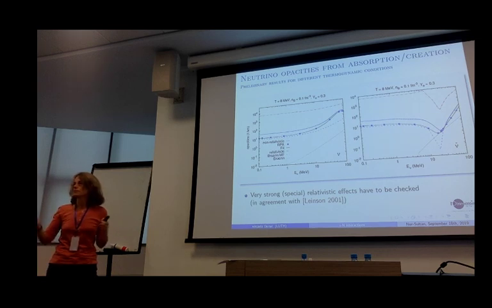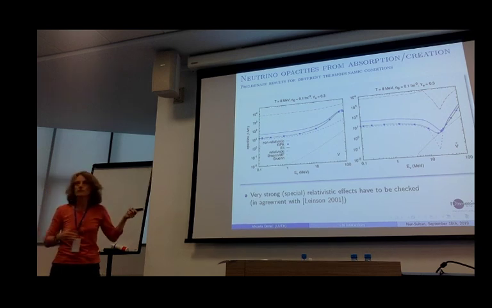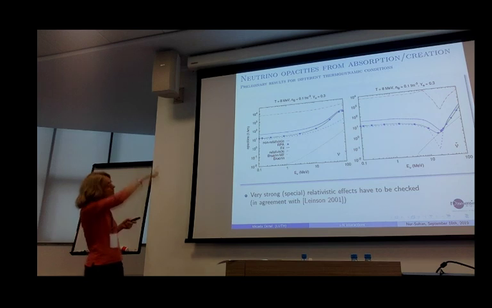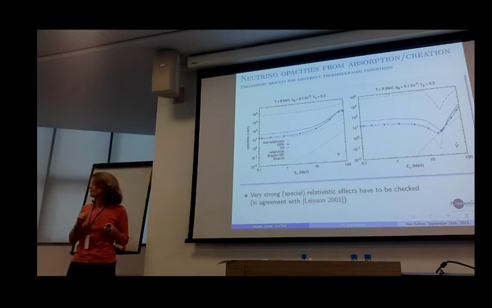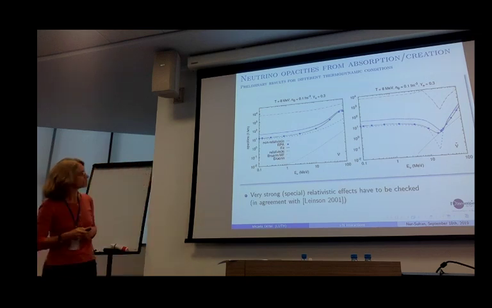So the special relativistic effects are so important because you have such low nuclear effective masses. But here I have another equation of state, where the effective masses are still 700 MeV. So this cannot be the same effect. I don't really believe for the moment that this special relativistic effect is so strong. So this has to be checked.